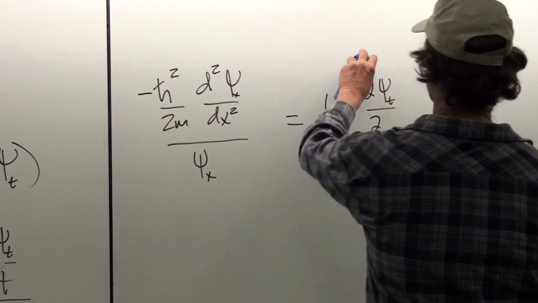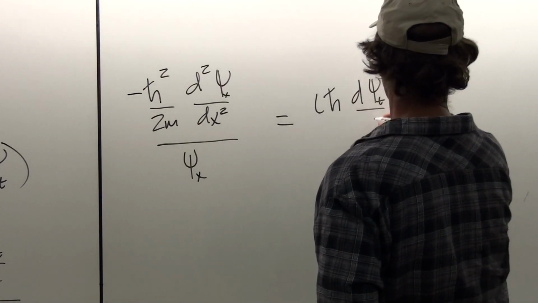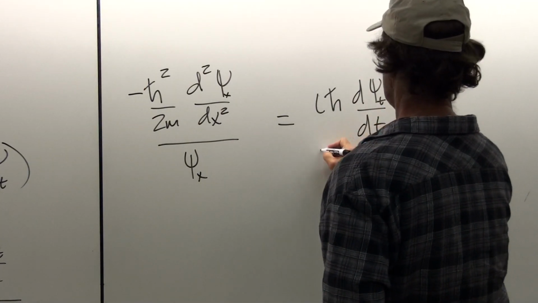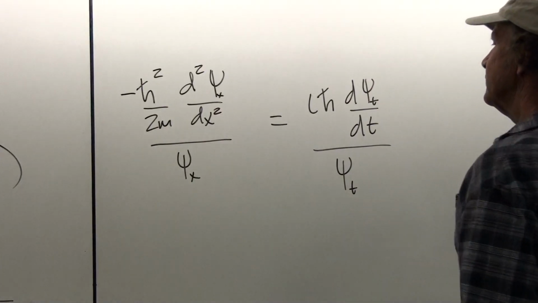Now this is a total derivative because psi(t) only depends on time. And then that's all divided by psi(t). Okay, so this is what it reduces to.